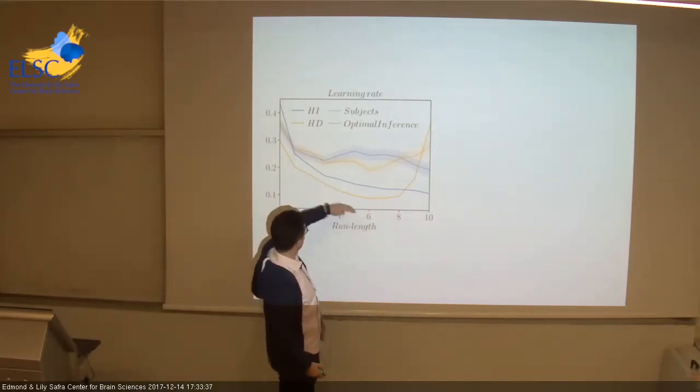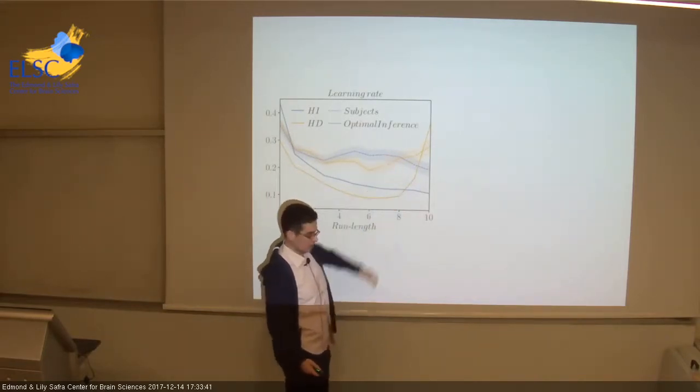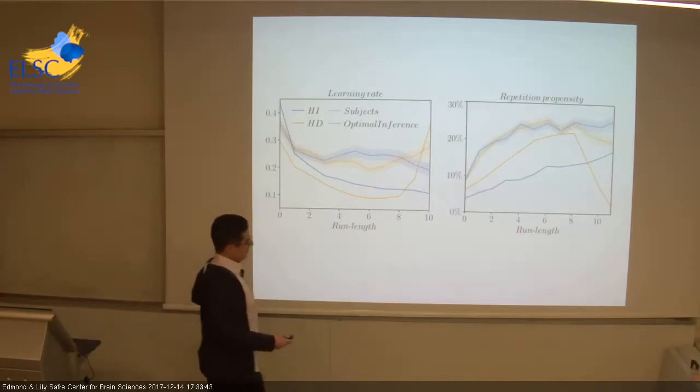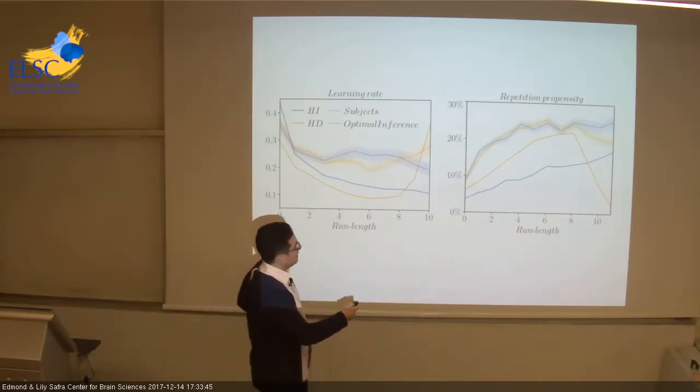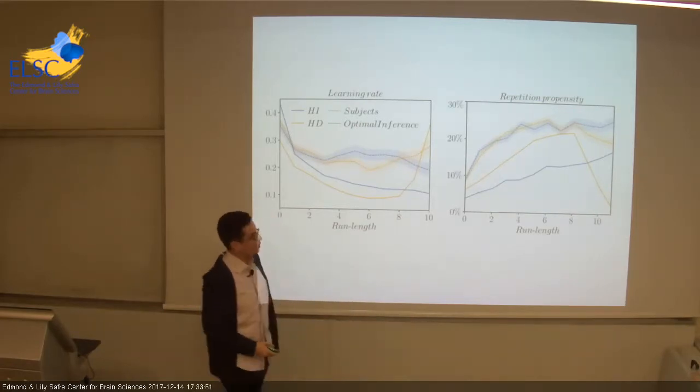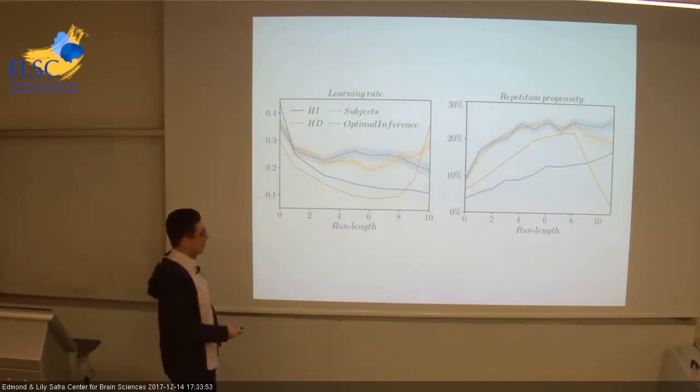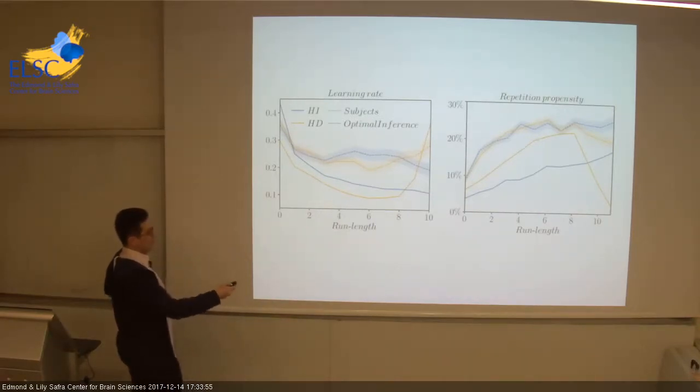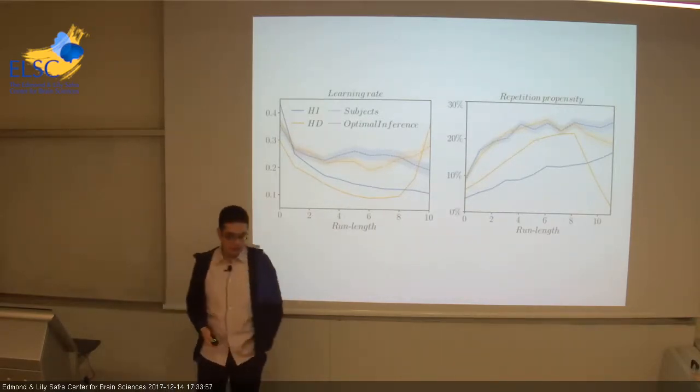The blue line goes down, the yellow line goes down more, then crosses the blue line, goes up. Similarly, there's a qualitative, at least, agreement for the repetition propensity. Both things go up, then the yellow line goes down. Now, obviously, quantitatively, the model is very, very wrong.